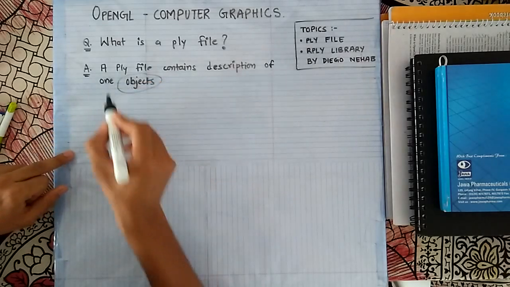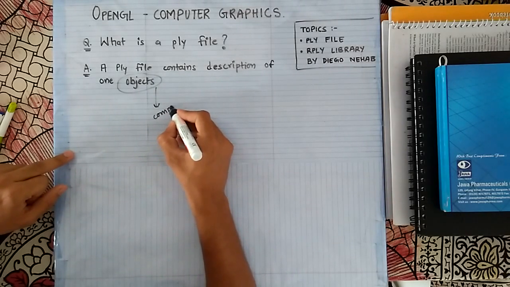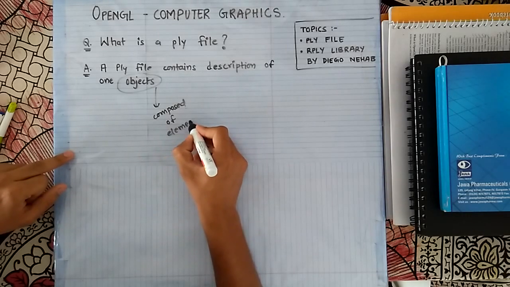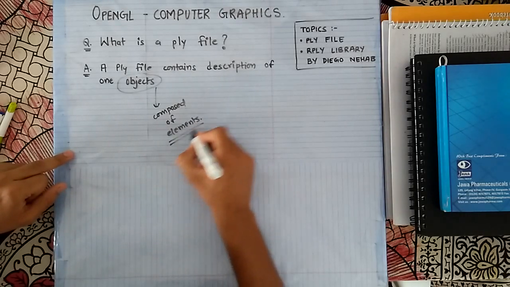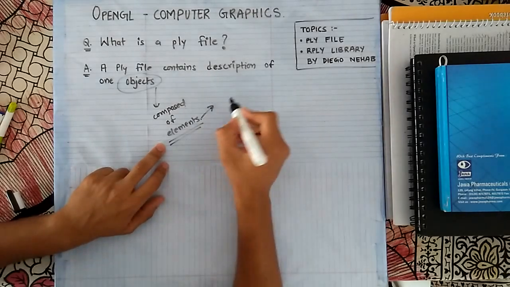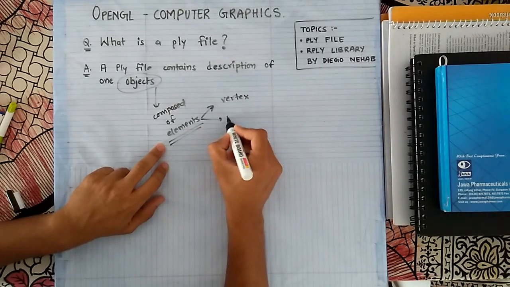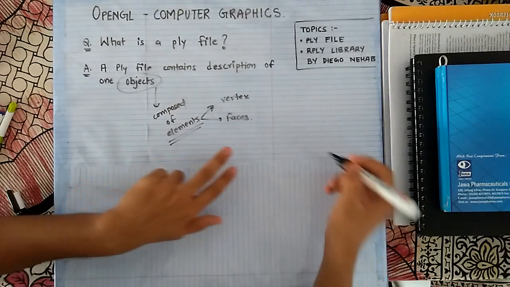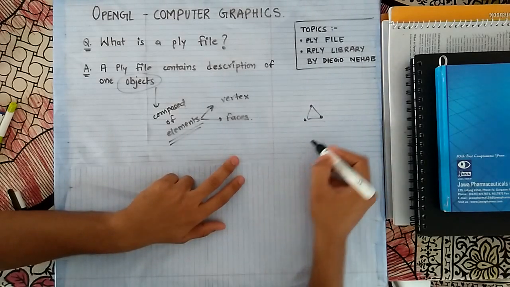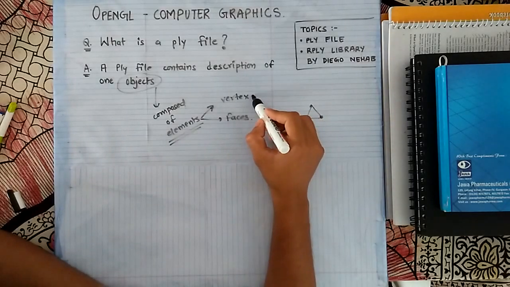So the object is composed of elements. Now you may ask, what is an element? So an element can be vertices or faces. For this example, we have seen that these are the vertices and they form a face with the help of these vertices. So our object is made by 2 elements.